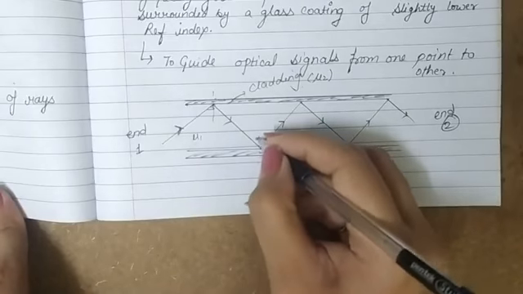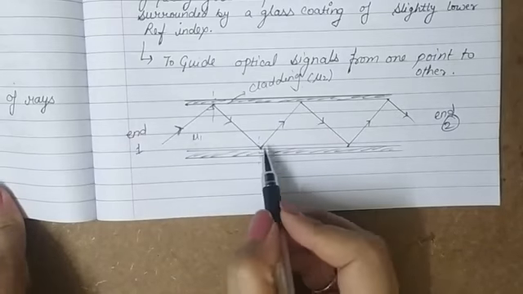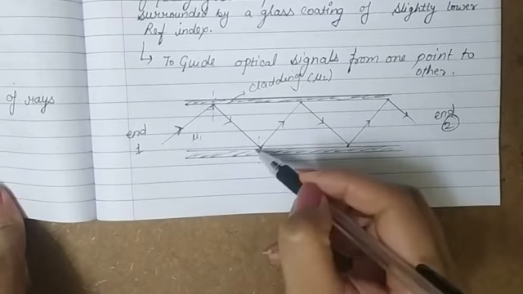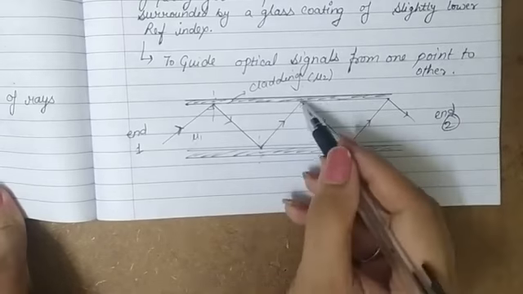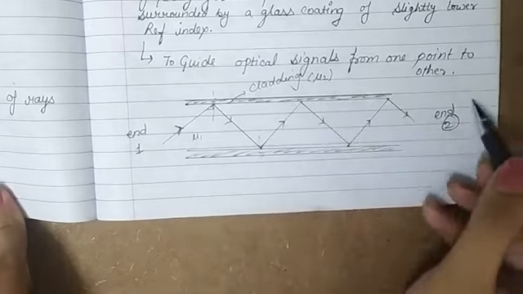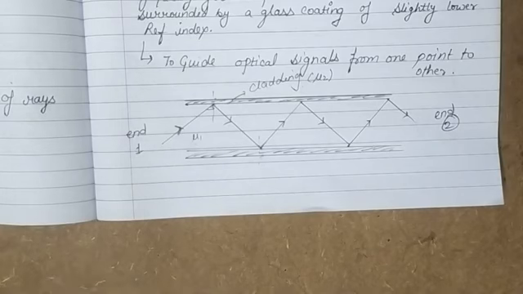The incident angle will be more than the critical angle, and instead of passing to the cladding region, light goes back and gets reflected. This is called total internal reflection, and the phenomenon continues till the other end. Now if the wire is bent, then also this process is possible in a similar manner. There is no loss, nothing. So we can use these cables to transfer optical signals from one point to another with the help of total internal reflection.